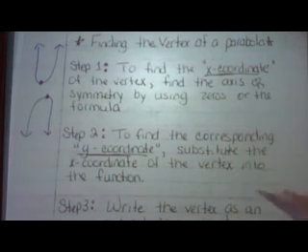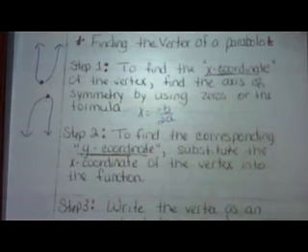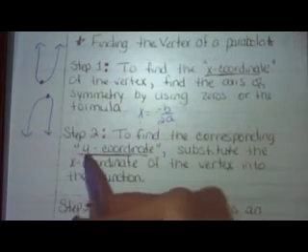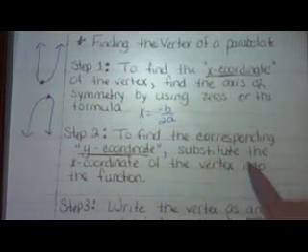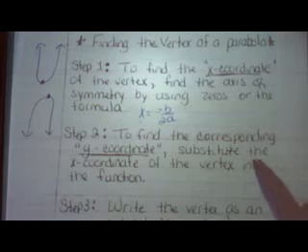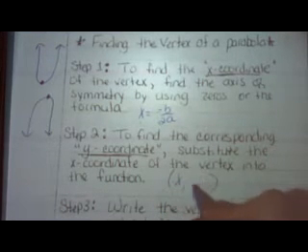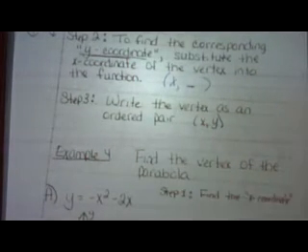And we can do that by using the formula x equals negative b divided by 2 times a. There's your x-coordinate. To find the corresponding y-coordinate, you're going to substitute the x-coordinate of the vertex into the function. So once you find x, you have to find y. And then you're going to write the vertex as an ordered pair, x, y. So let's practice doing that.